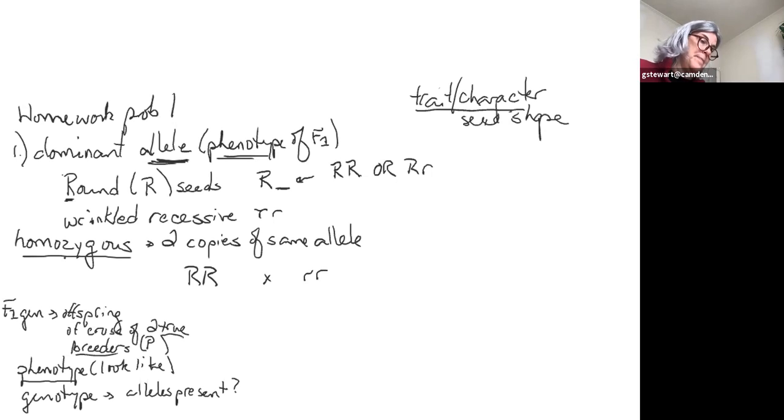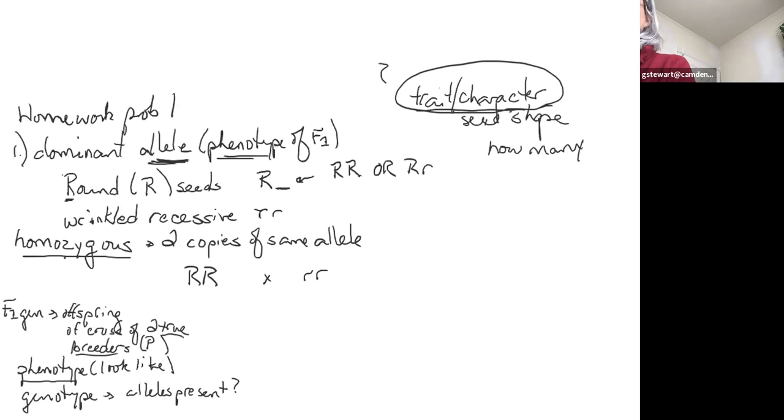Draw the Punnett square. Okay, now before we start drawing the Punnett square, we need to say one more thing. How many traits or characters are we looking at? We are only looking at seed shape, one trait.